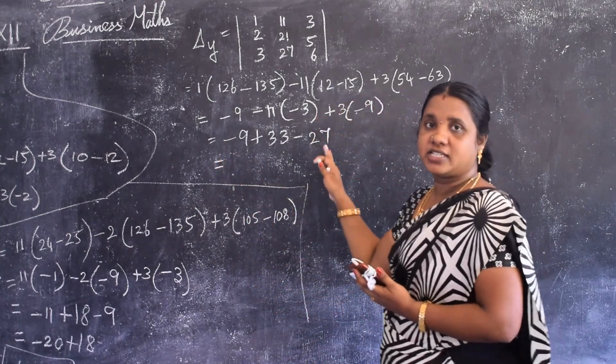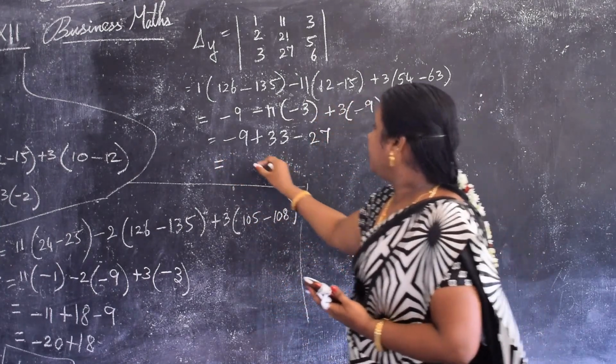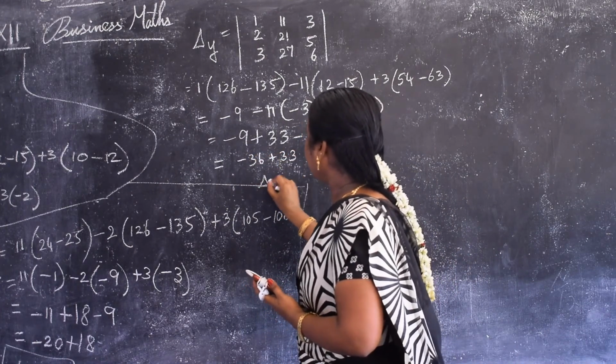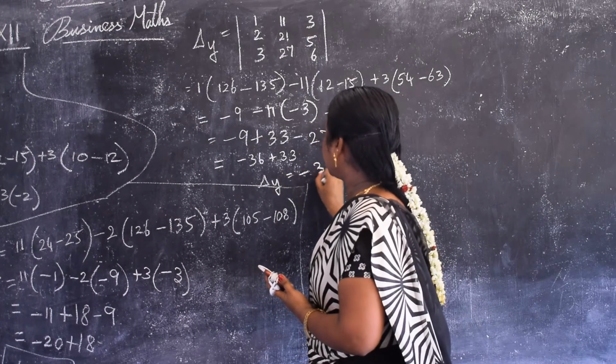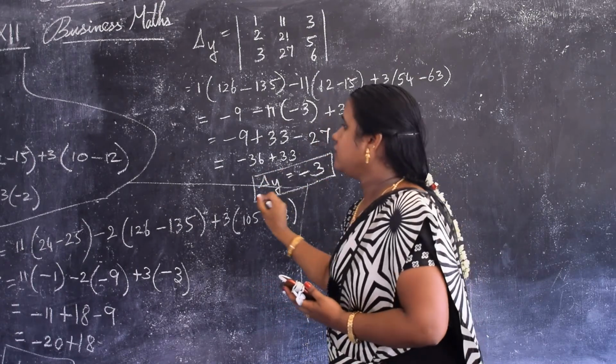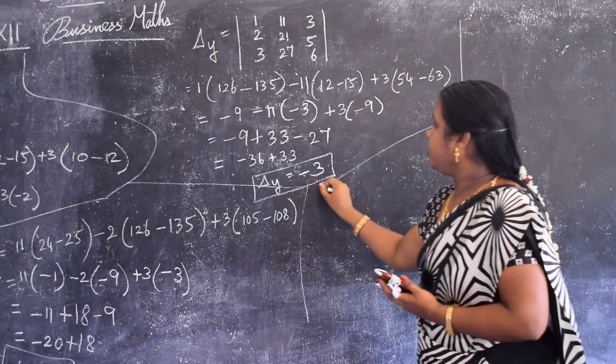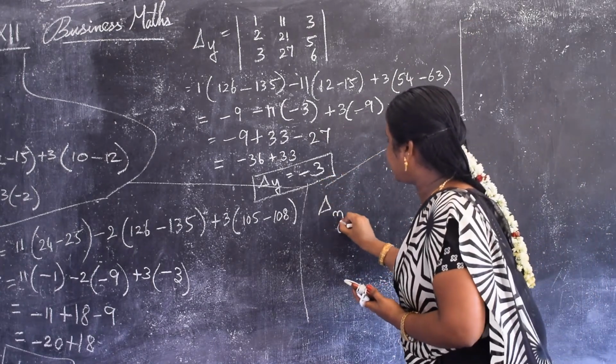Again you add, minus and minus, what do you get? Minus 36 plus 33. So delta y answer is minus 3. Have you understood? What is our delta y answer? Minus 3.